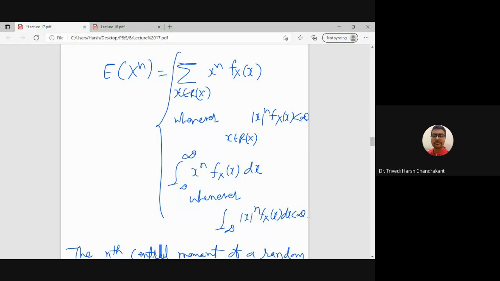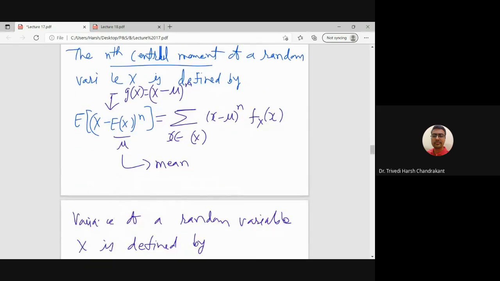And then we defined central moments by the function g of x equals (x minus mu) power n, where mu is the mean of random variable X. So whatever n is given, correspondingly we can define the nth central moment.